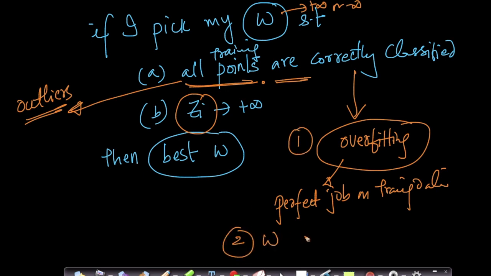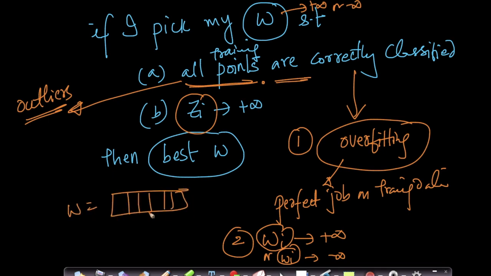Second thing, each component of my vector W either tends to plus infinity or minus infinity, which means W's are becoming very, very large. Remember that W is a vector with the ith component here.